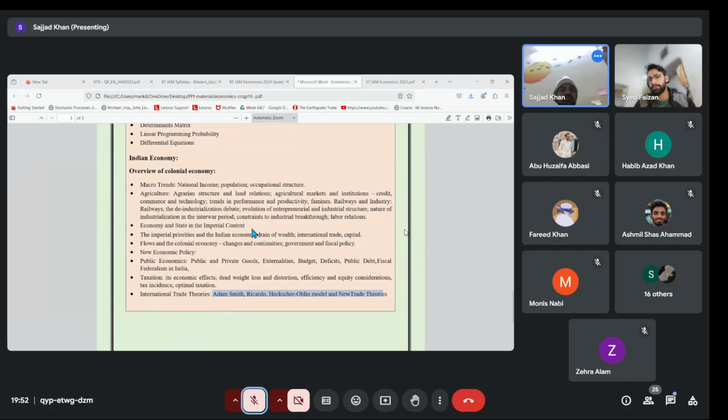But the competition in CUET is more, because a lot of people are jumping from different types of backgrounds into masters in economics. So in this case, competition in CUET is more compared to JAM and GATE.